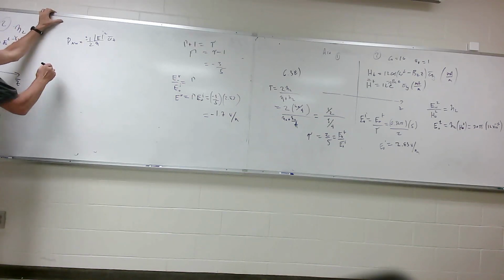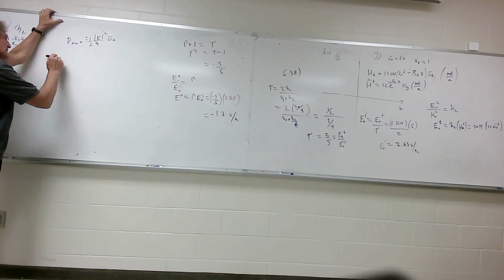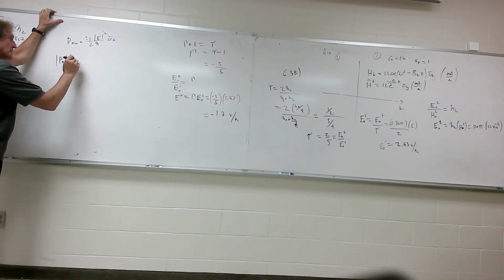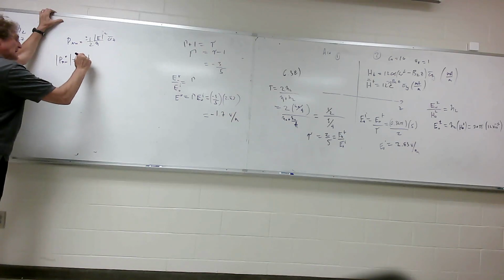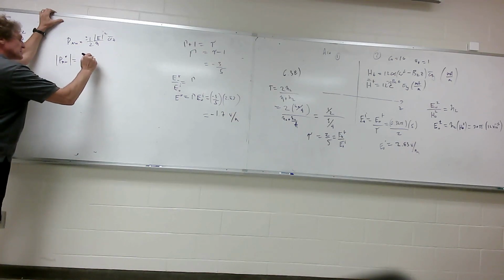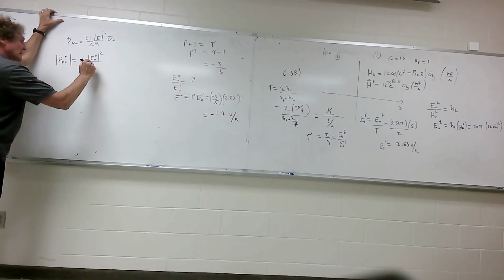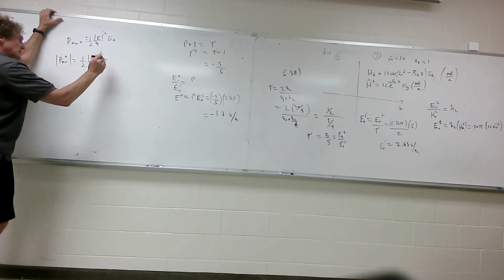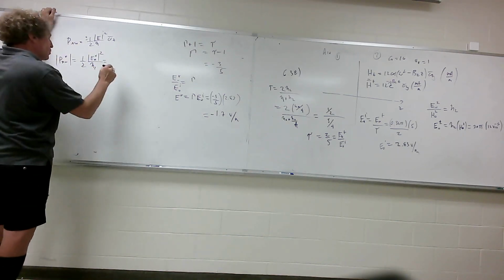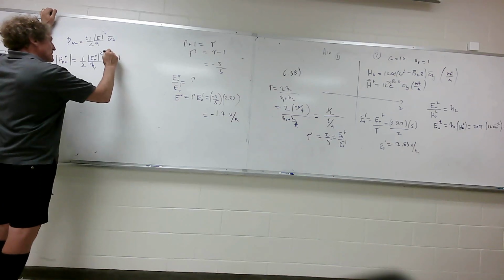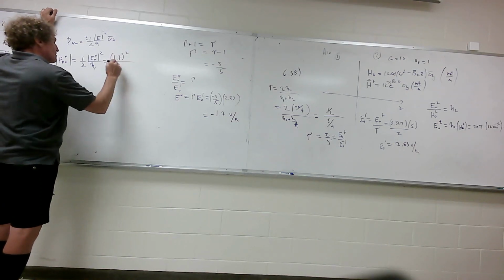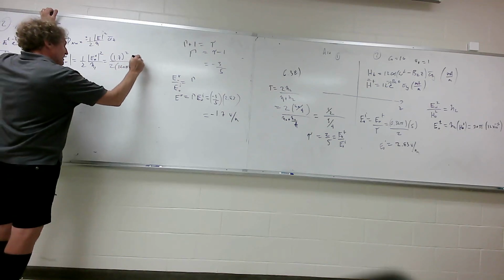If we just worry about the magnitude of the power density that is reflected, that will be 1/2 the magnitude of the electric field that's reflected squared over eta in region 1. So that's going to be 1.7 squared over 2 times 120 pi, and that would be watts per meter squared.